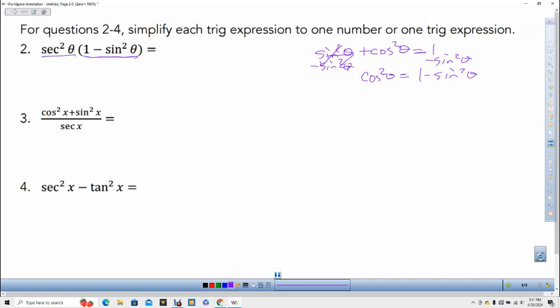So in place of this, I can write cosine squared theta. So I've got secant squared theta times cosine squared theta. And what do I know about secant squared theta? Well, secant squared theta is just 1 over cosine squared theta, times cosine squared theta, and that is going to cancel out to leave me 1.